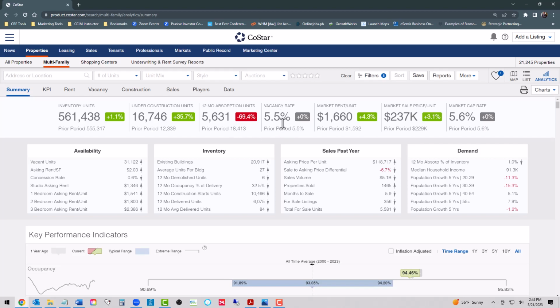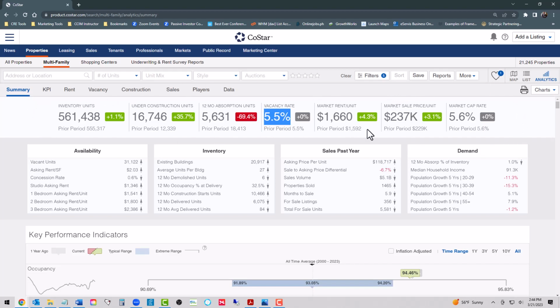And interestingly enough, even with that slowdown in absorption, we have been stable at a 5.5% vacancy rate in the last 12 months. The Chicago market does have a slight year-over-year increase in rent of 4.3%. And we are not looking at the capital market.